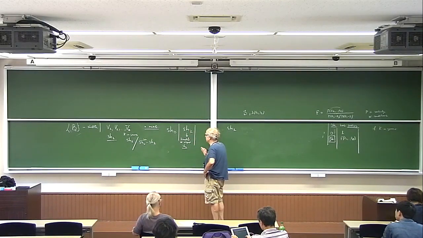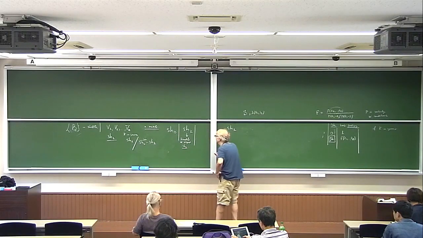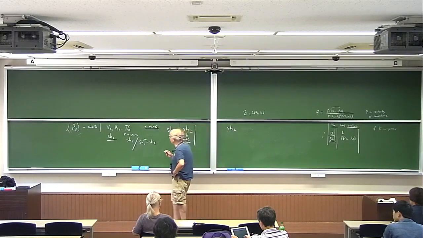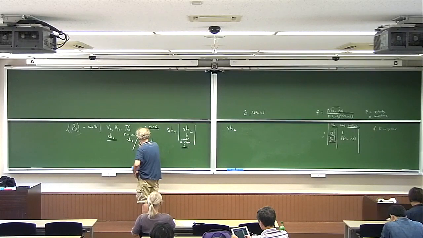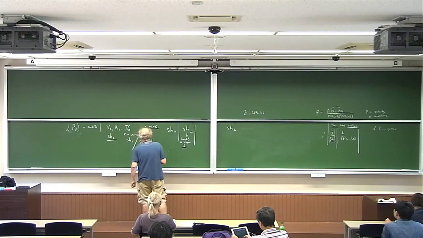We can say this satisfies the reality condition. And then I get the representation of shuffle by factorization of the subspace like this.